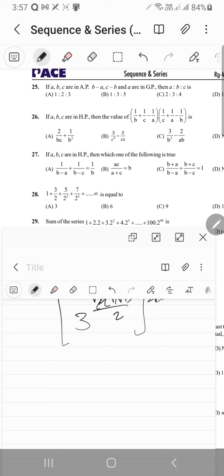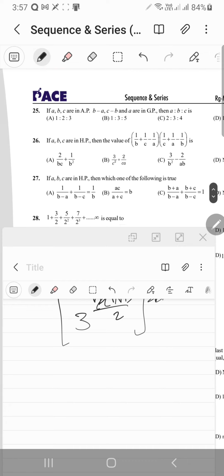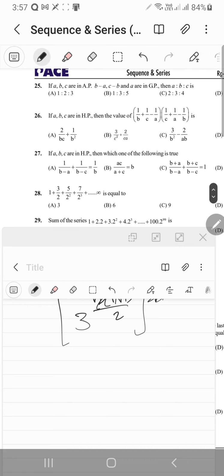It's always A's to B's to C's in increasing order. This is just one difference and this is just one difference, so A should also be just one difference, or you will break the momentum. So A is the difference, then B is 2 differences, C is 3 differences. So it's 1 is to 2 is to 3.